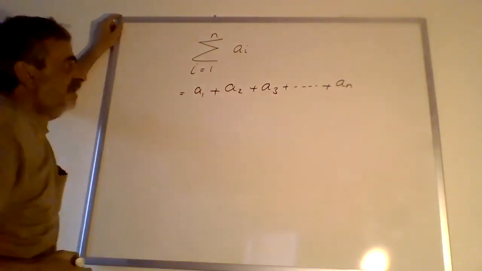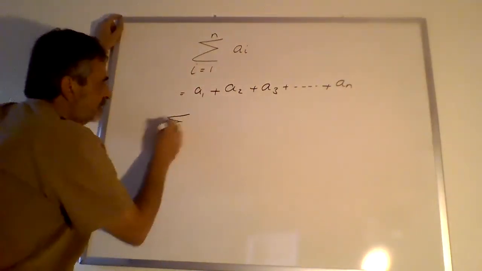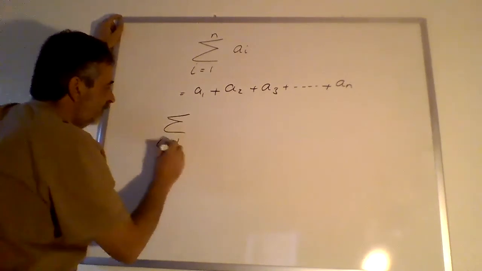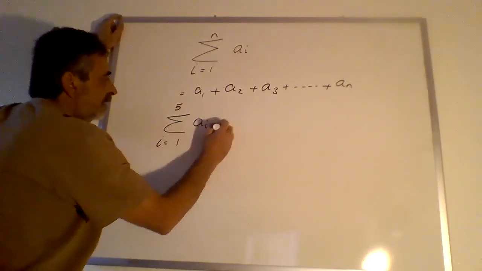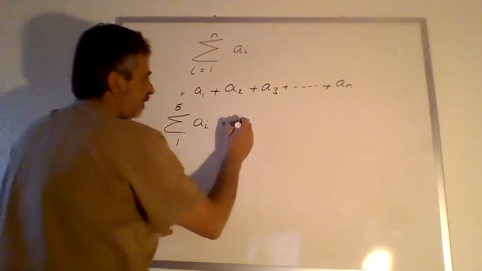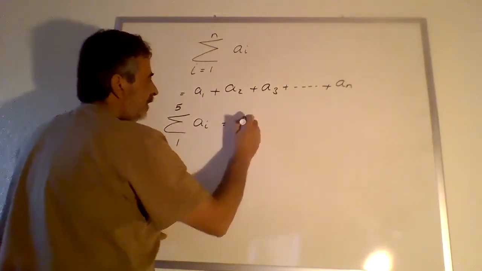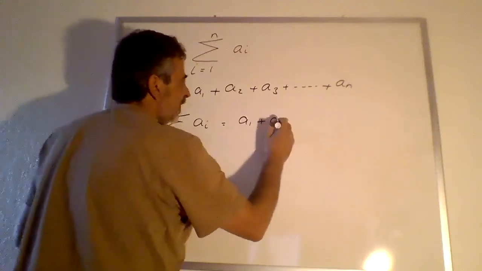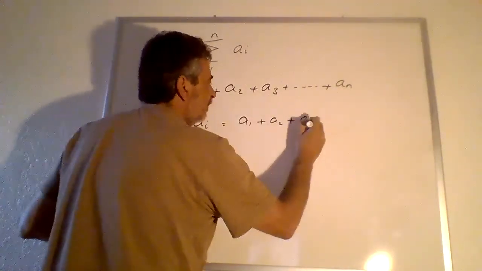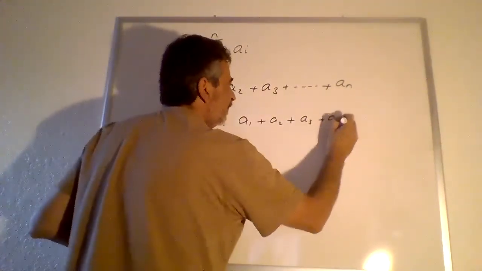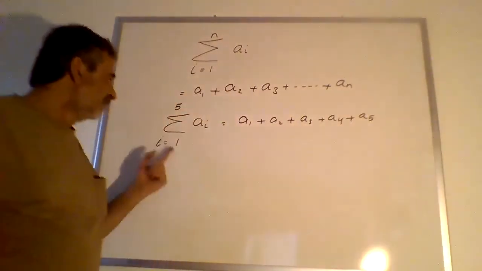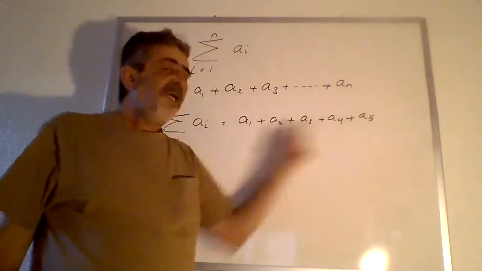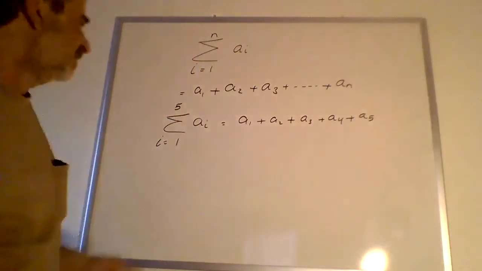So I can say, for example, summation i equals 1 to 5 of a sub i. This is a1 plus a2 plus a3 plus a4 plus a5. So we're going to add all of these numbers together of a particular sequence if given.